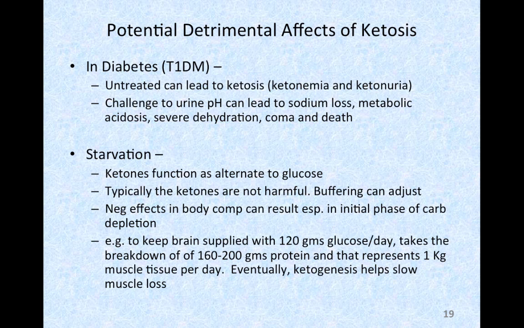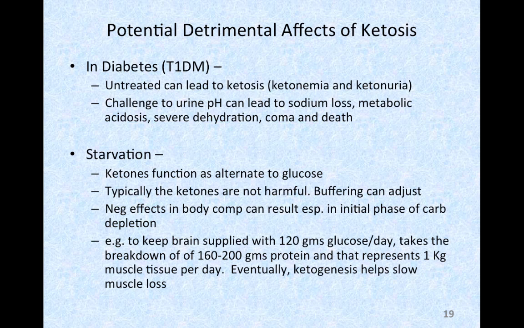So for example, in individuals that are going through starvation but have normal insulin production and sensitivity, the ketones function as an alternate to glucose. Typically the ketones are not harmful in these individuals. The buffering systems can adjust the tissue and fluid pHs to stay at appropriate pH levels.